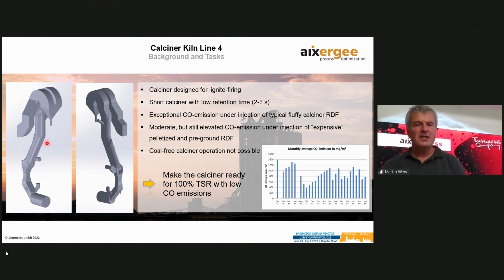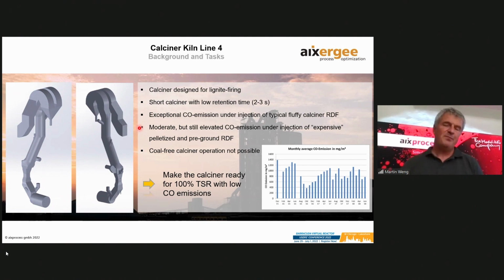This calciner is a relatively short calciner in terms of retention time. The average retention time of the upflowing gas and fuel particles is about 2 to 3 seconds. But particularly this calciner suffered from exceptional CO emissions under the injection of typical fluffy RDF fuel.